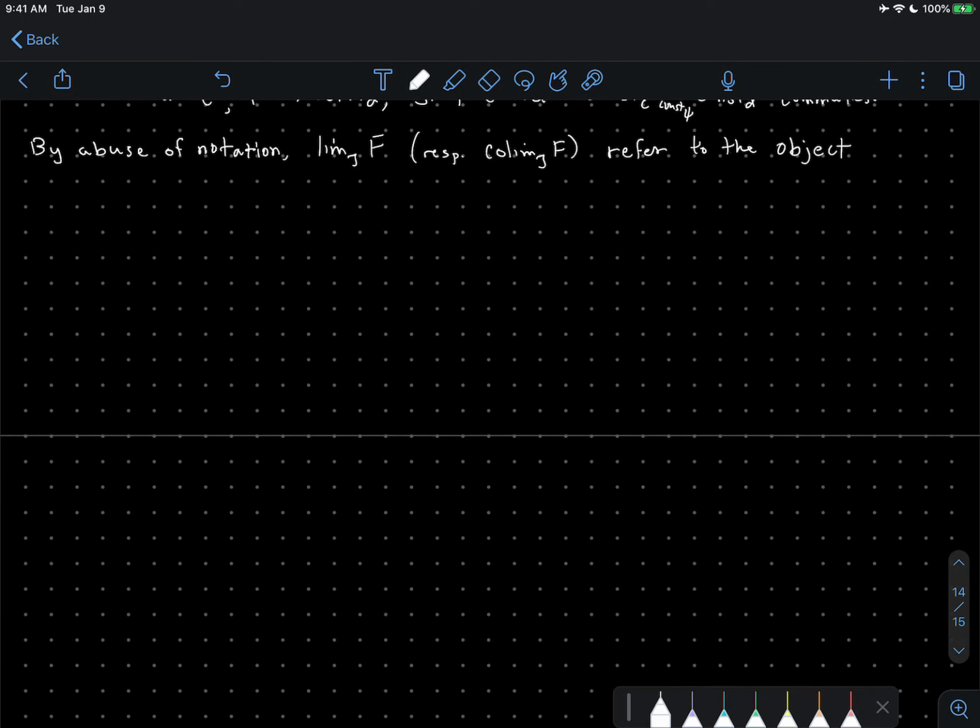Let's spell out this definition a little bit more carefully, to be more like one that you may have seen or may later encounter in the literature. We'll do this just for colimits; limits are dual.